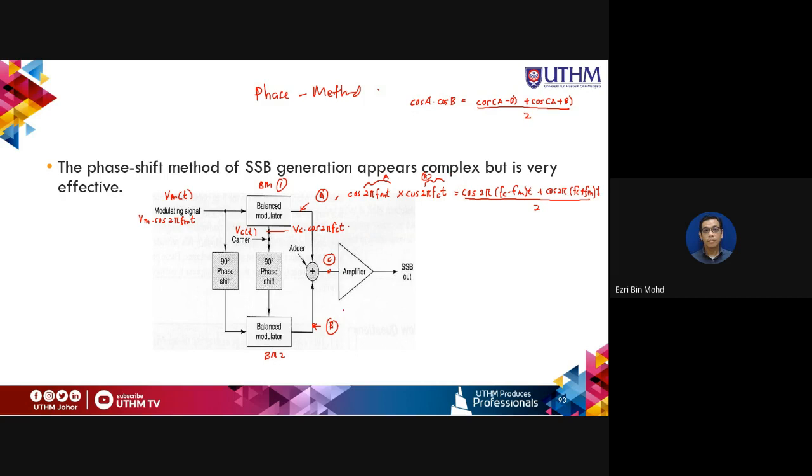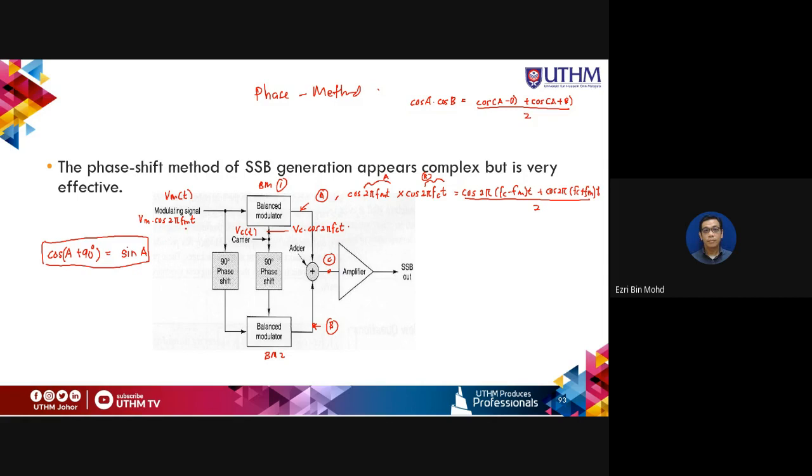Okay, and then here cos 2 pi FMT. So cos A plus 90 jadi berapa? Cos A with a 90 degree phase shift, so it would be a sin A. Ini dia punya identity dia lah. Right, identity.